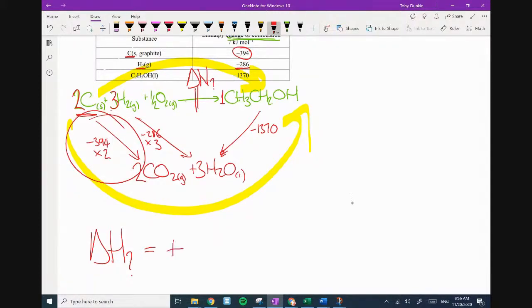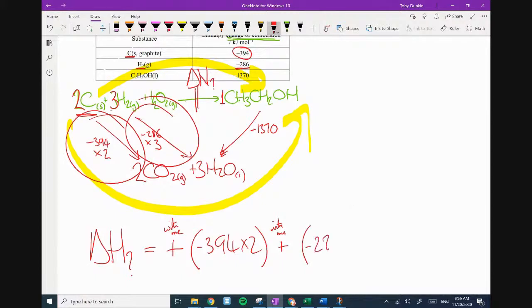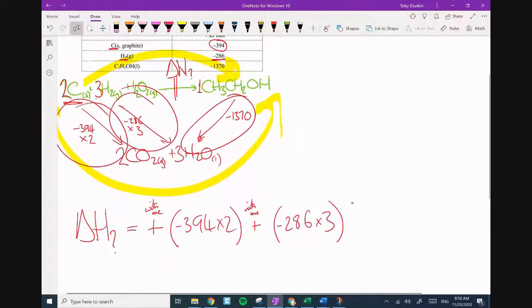So plus, with me, brackets, minus 394 times 2, close brackets. Is this one with me or against me? It's with me. So I'm going to go plus, with me, brackets, minus 286 times 3, close brackets. Is it with me or against me? It's against me, minus against me.